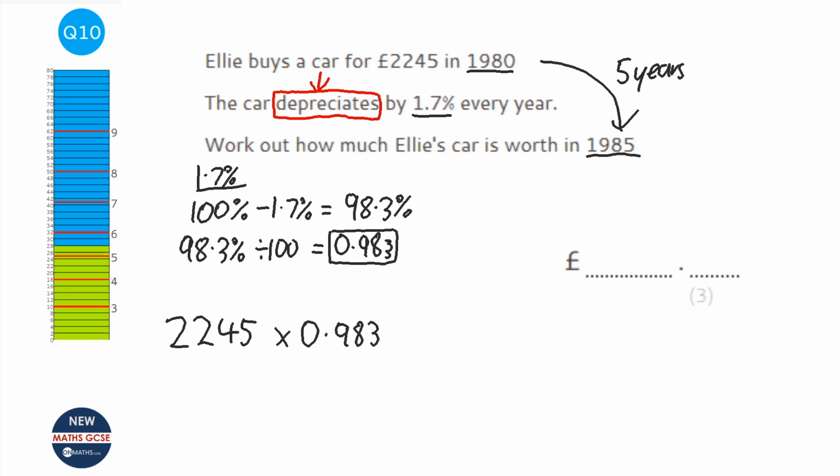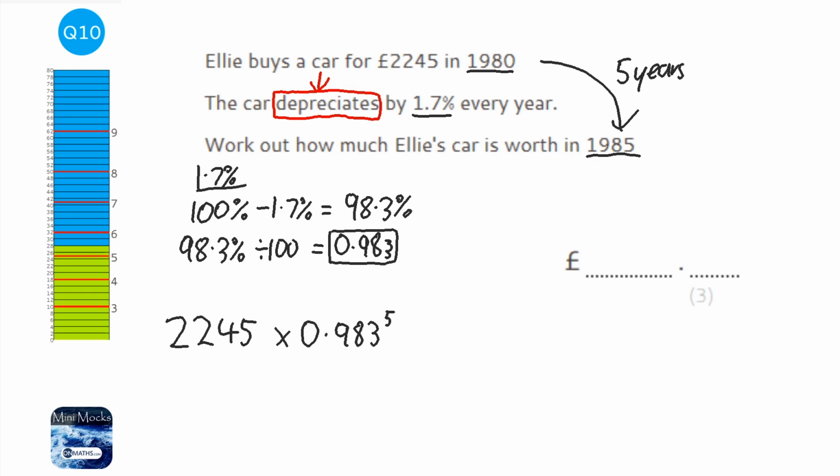But we need to times it by that amount 5 times. And instead of writing that times 0.983 times 0.983 five times, I can just do it to the power of 5. You get the same answer. So in the exam, you can just write times 0.983 5 times, and that's absolutely fine.